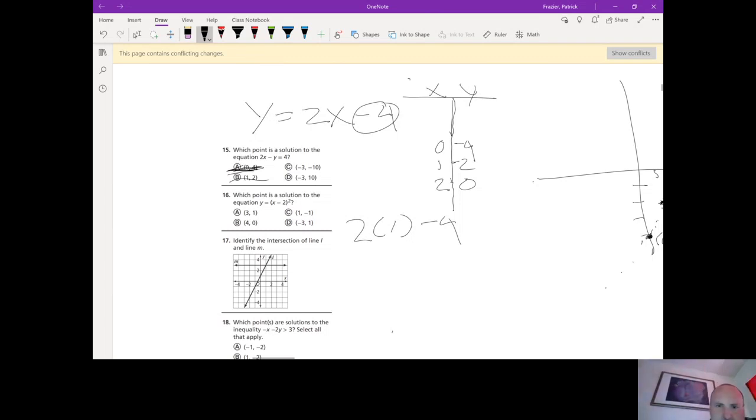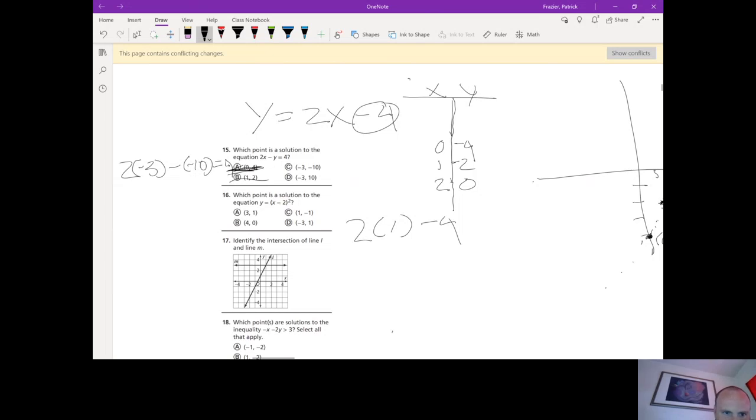Okay, so let's do 2 times negative 3 minus negative 10 is equal to 4.